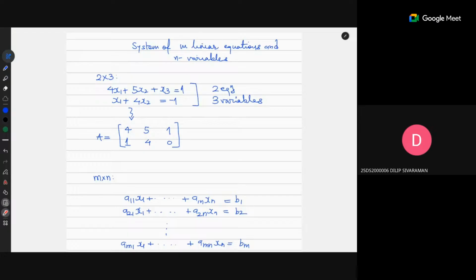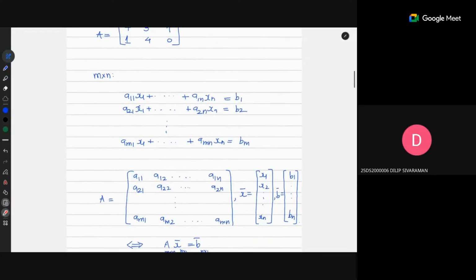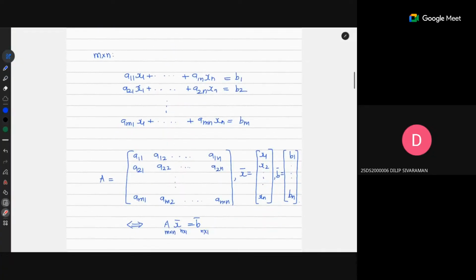The variable matrix, which has got the x, might be longer or shorter than the coefficient matrix. It can be longer or it can be shorter, depending on the length. That doesn't matter, as long as the product is defined.